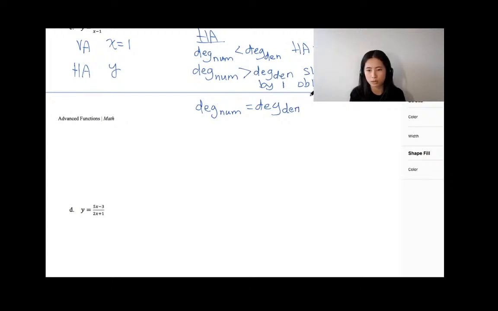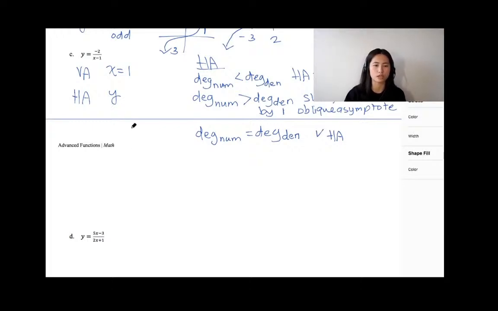So with equal degrees in the numerator and denominator, there should be a horizontal asymptote, and the horizontal asymptote is basically the ratio of A and C. A is 5 and C is 2, because the rational function is (Ax minus B) over (Cx plus D). Okay, so for this problem, we can actually say that this is y is equal to 0, and we can move on.